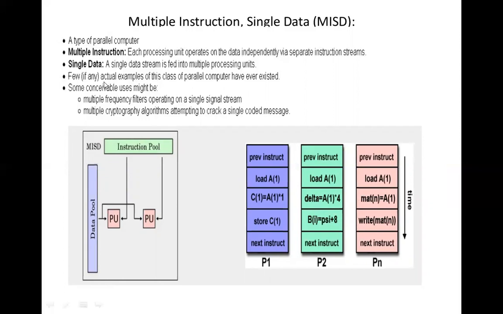Okay, so here multiple instructions. Cryptography algorithms to crack a single coded message, okay. Suppose in this we would need to use different instructions on the same data, we want to crack a password. Suppose multiple frequency filters operating on a single stream have to be used. So these are the examples, meaning with this type of example we use multiple instructions and single data. Okay, here the instructions are different, the data is the same.